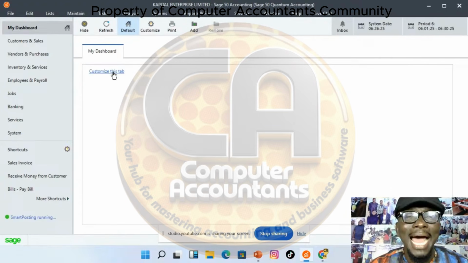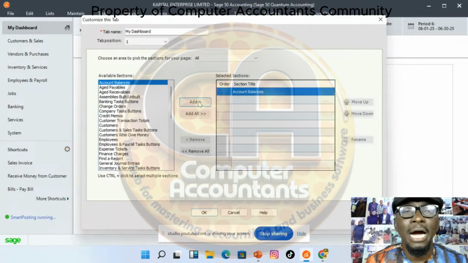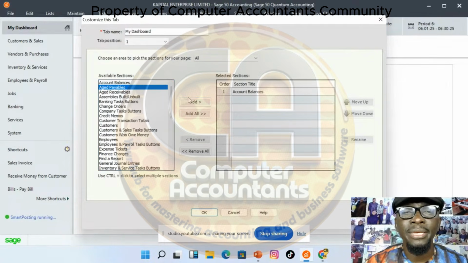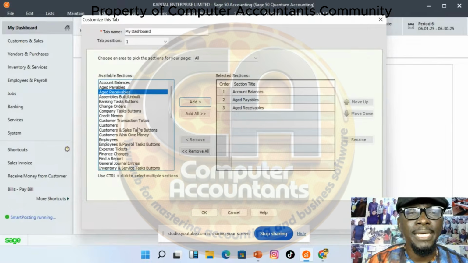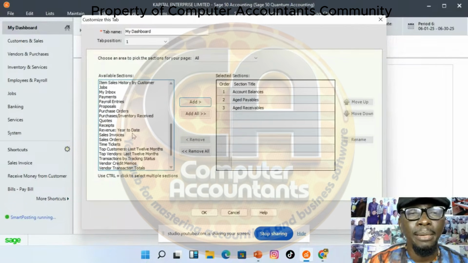So I can customize my dashboard. I can bring in things I want to see. I want to see all account balances. I want to see people I'm owing. I want to see those who are owing me. Let me go to my report. I want to see my revenue to date, just a summary.